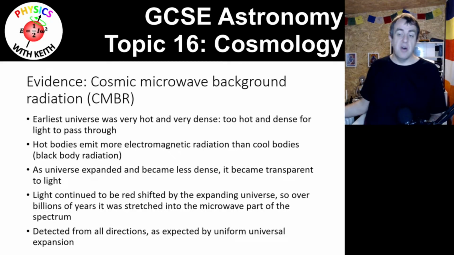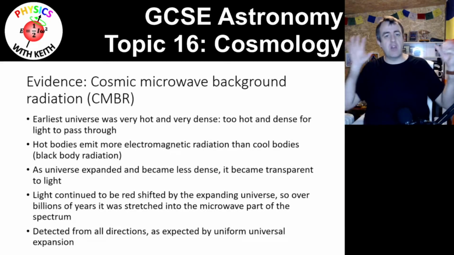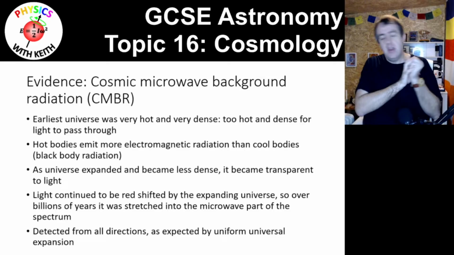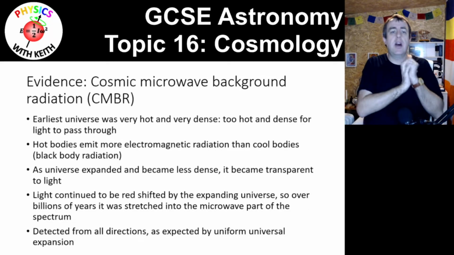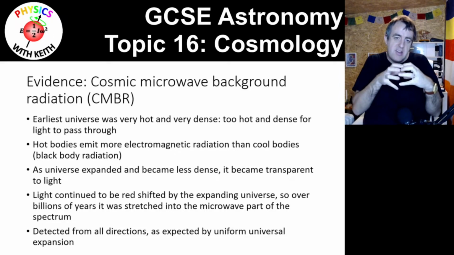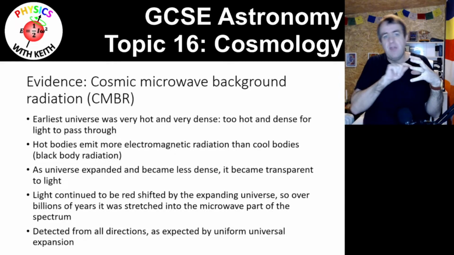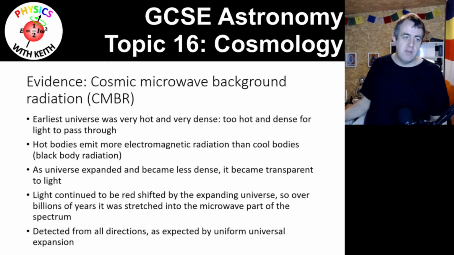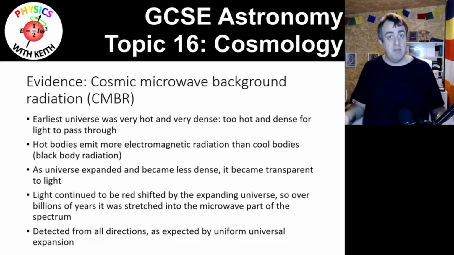What is it? Well, the Big Bang Theory predicts an incredibly hot, dense universe. If you're too dense, then light can't pass through you. If the universe is too dense, light cannot pass through it. But as it spreads out, it becomes sparse enough that light can penetrate through the universe. It becomes transparent. And you can predict the temperature that the universe would have to be when that happens, and therefore the wavelength of radiation that would be emitted. It would be very high energy radiation, yes.